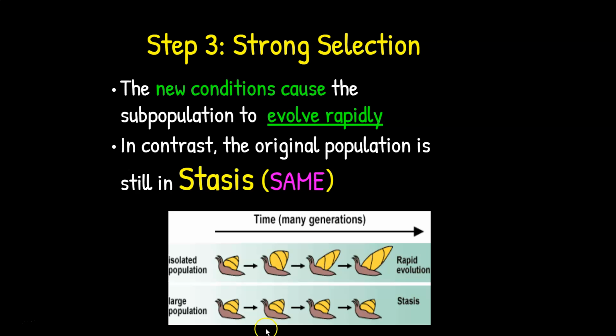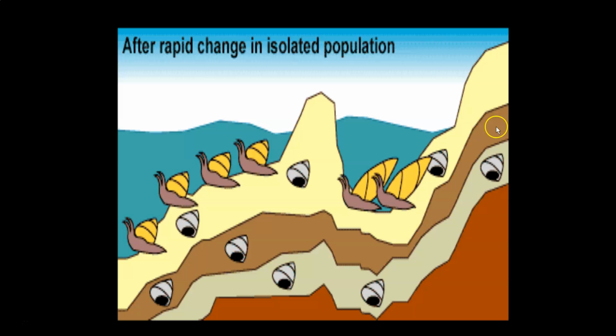And our large population in the bigger part of the pond is the same size as it was before. So it's saying that this group evolved rapidly and this group remained in stasis, meaning it remained the same. So here's a picture that we can see. So here it is after its rapid change in this isolated pond area where these guys are just the same in the big pond.